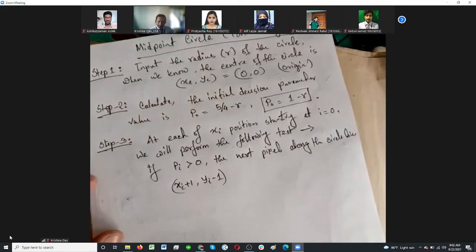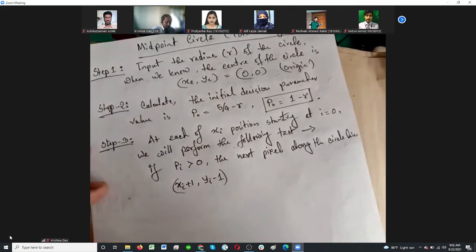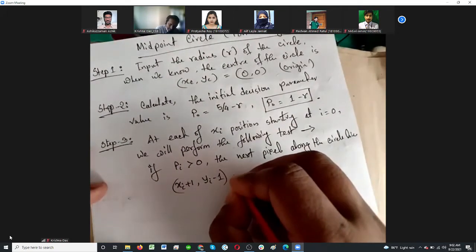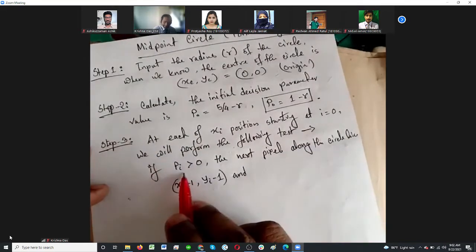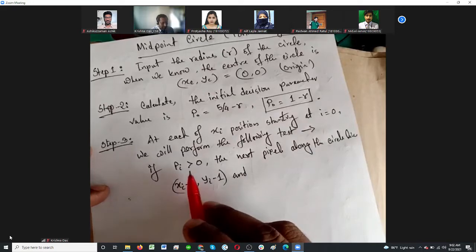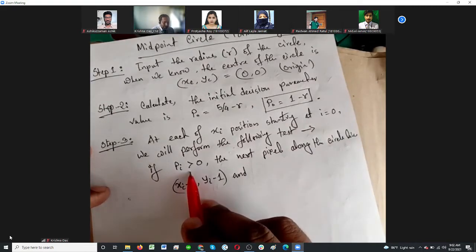And then we go for the successive decision parameter. That is important to find out, which is the positive one, isn't it?